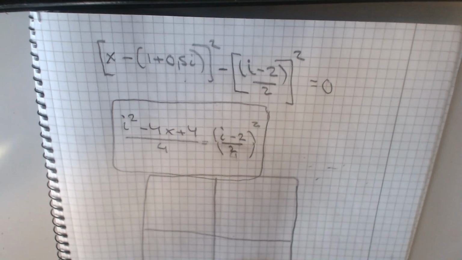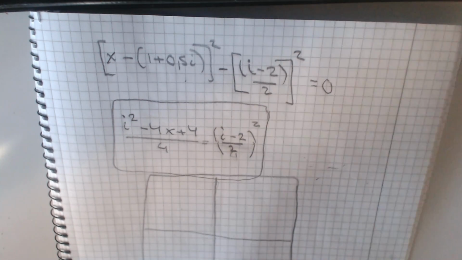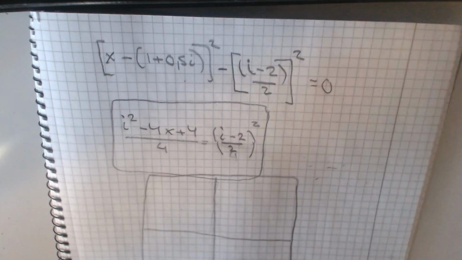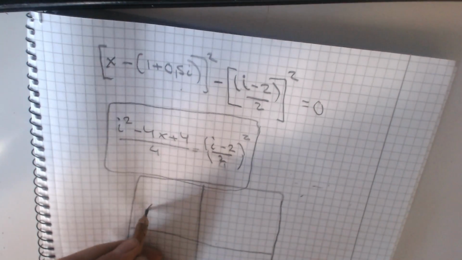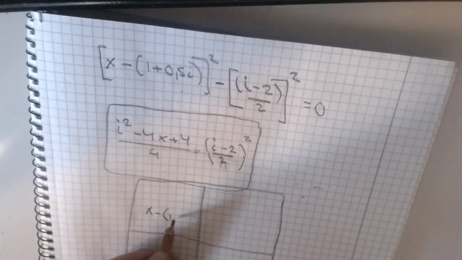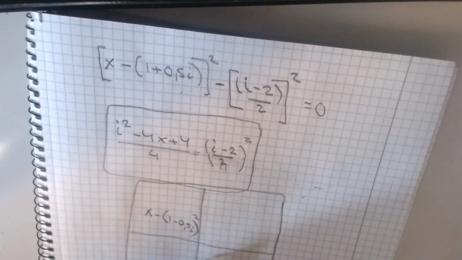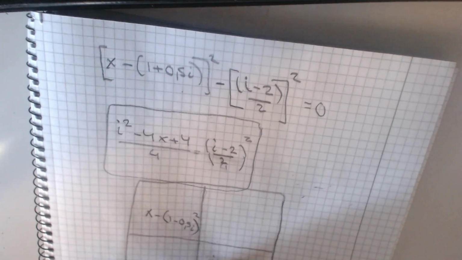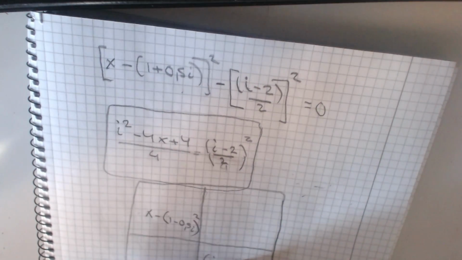We write a new rectangle here with 4 sub-rectangles as before. You fill in the left side here, x minus (1 plus 0.5i) squared, and this one here, (i minus 2) divided by 2 squared.